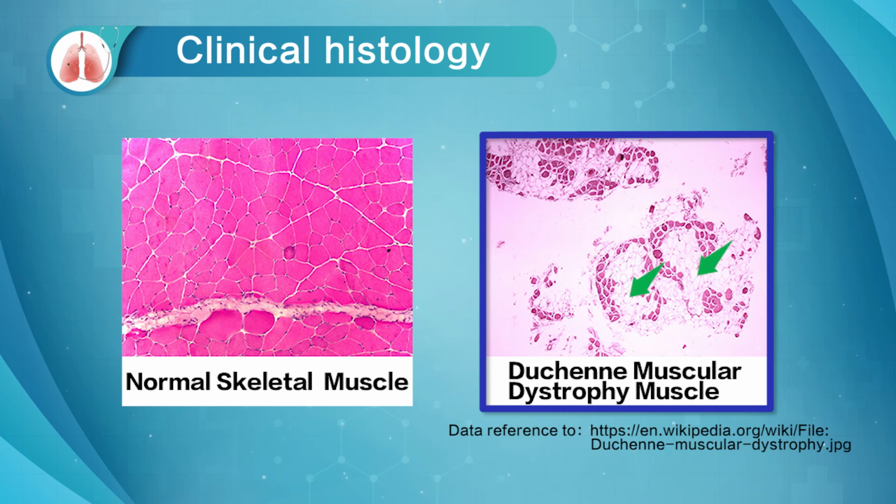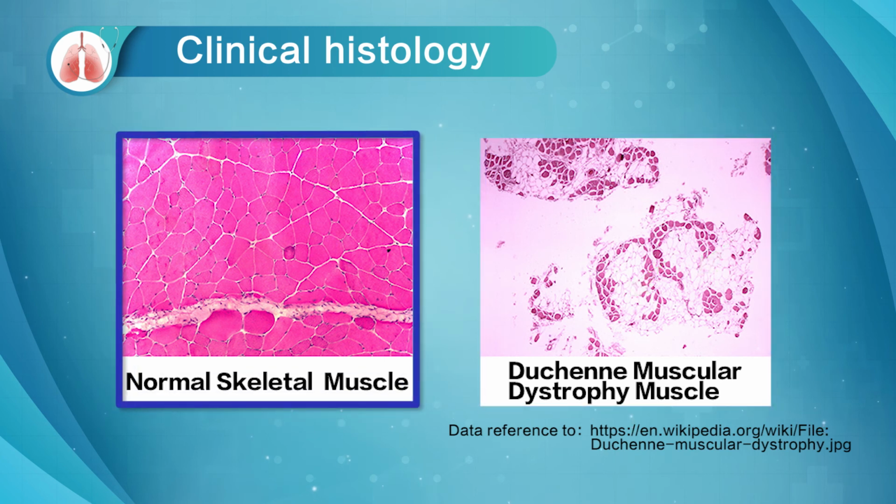Eventually, muscle tissue is replaced by adipose tissue, as shown on your right-hand side. On your left is a cross-section of a normal skeletal muscle. If you are interested in muscular dystrophy disorders, try to find more information online or from the library.